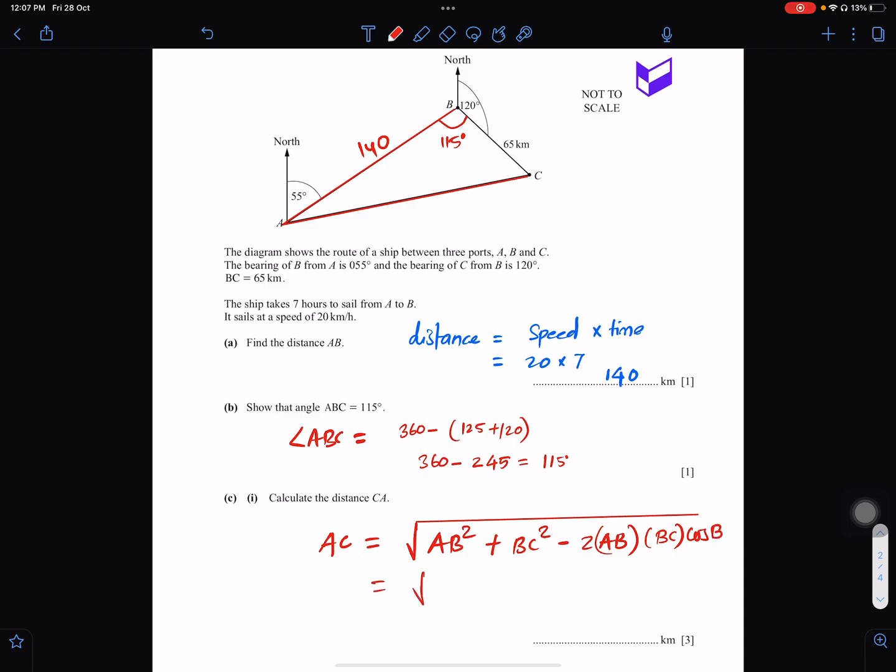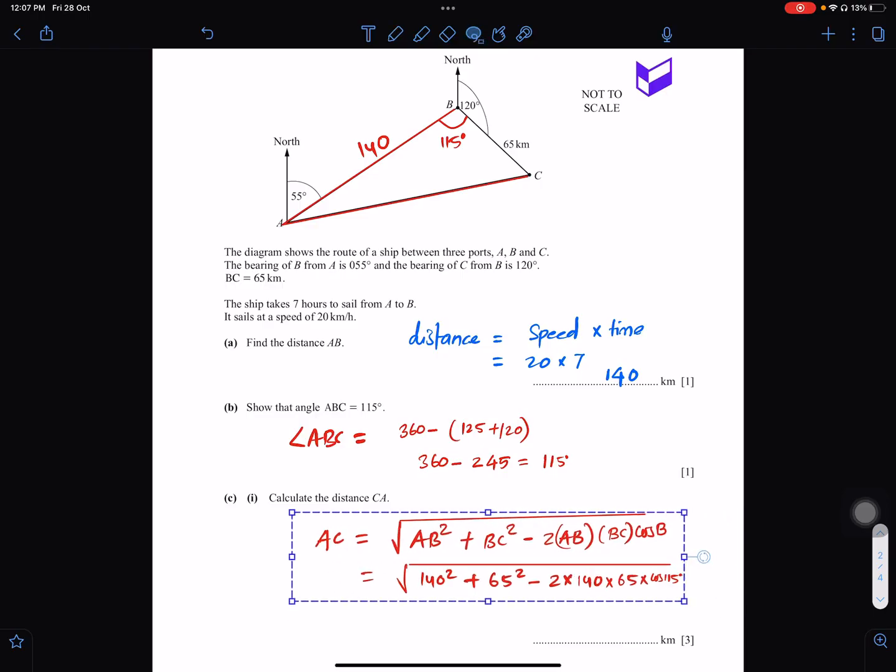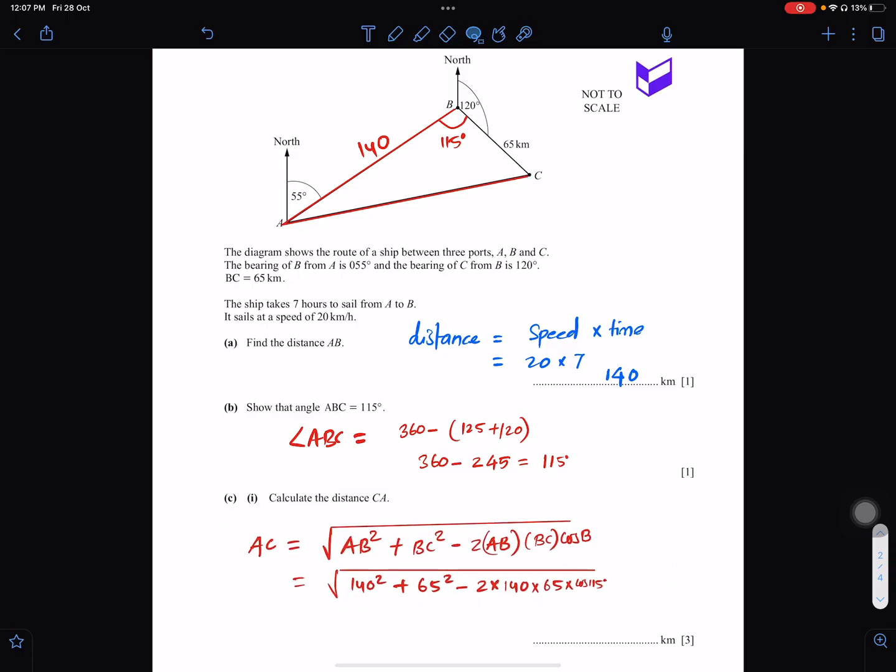So if we fill in the values, we get 140 squared plus 65 squared minus 2 times 140 into 65 into cos of 115 degrees. Make sure that your calculator remains in degree mode while you're putting this expression on your GDC.